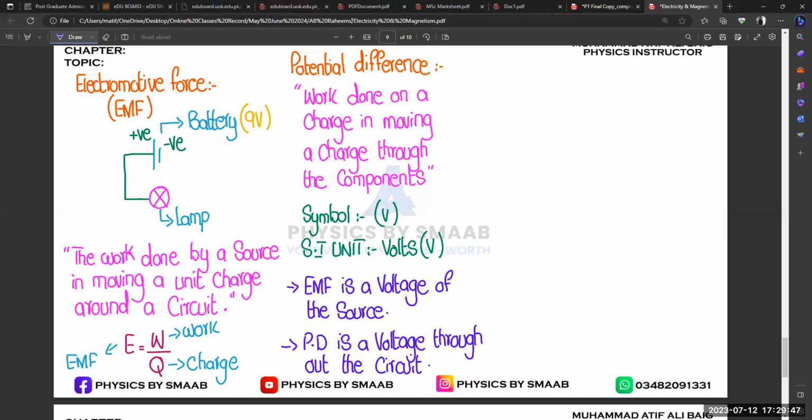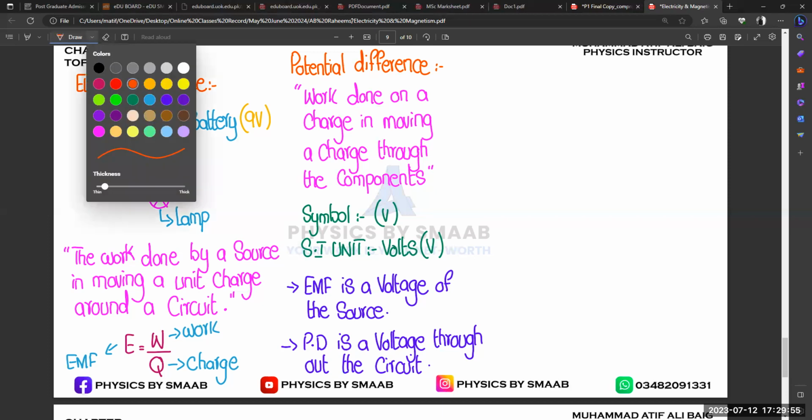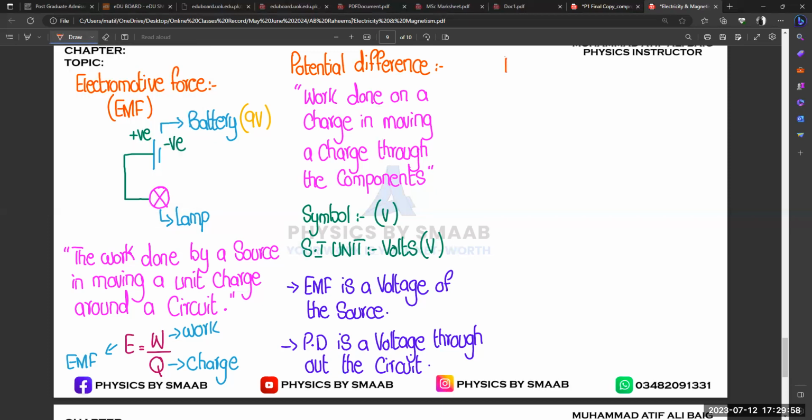Now we have another quantity, that is known as resistance. Resistance is our new concept. This is another new physical quantity in current electricity. It is a very simple concept.